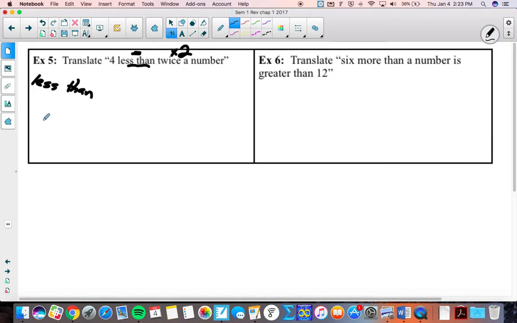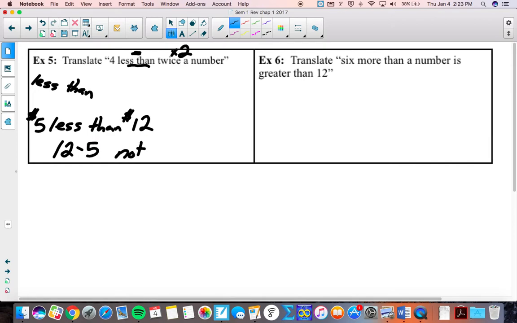Like if I say, what is 5 less than 12? Or say I have $5 less than you, and you have $12. How much do I have? It's 7. To get that 7, you take 12 minus 5.